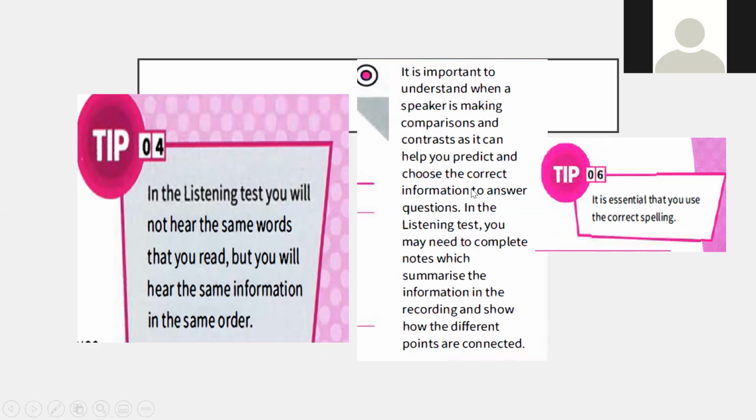And then it's important to understand when a speaker is making comparisons and contrasts, as it can help you predict and choose the correct information to answer questions. In the listening test, you may need to complete notes which summarize the information in the recording and show how the different points are connected. So about comparisons and contrasts that the speaker is making, sometimes it can be a little tricky because they are talking about two things, but at the end you have to find which one is the answer.